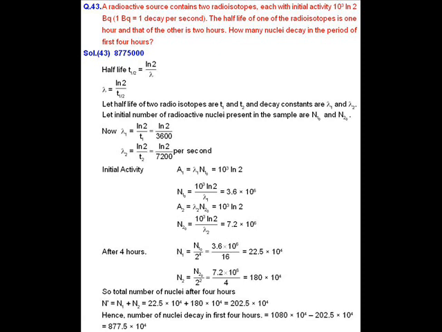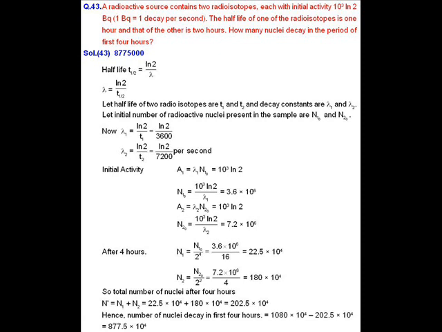Now the number of nuclei remaining in the second isotope will be equal to initial nuclei divided by 2 raised to power 2, that will come out to be 7.2 into 10 raised to power 6 divided by 4, and the remaining nuclei will be equal to 180 into 10 raised to power 4.